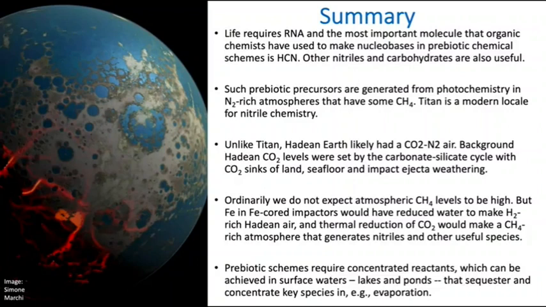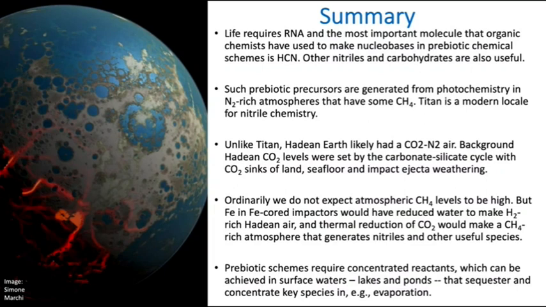Well, to summarize the talk then, we started with the idea that modern life is RNA-based as much as it is DNA-based, and the most important molecules that have been used successfully to generate RNA nucleobases in prebiotic chemistry is HCN, hydrogen cyanide. Simple carbohydrates to make the ribose component of RNA and other nitriles are also useful.